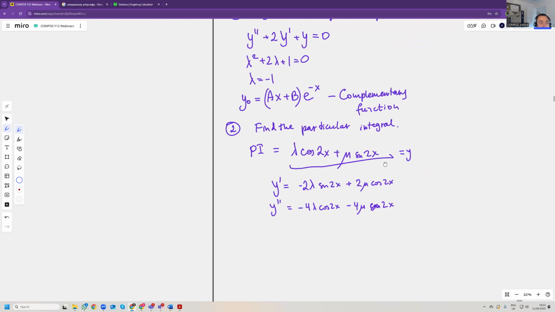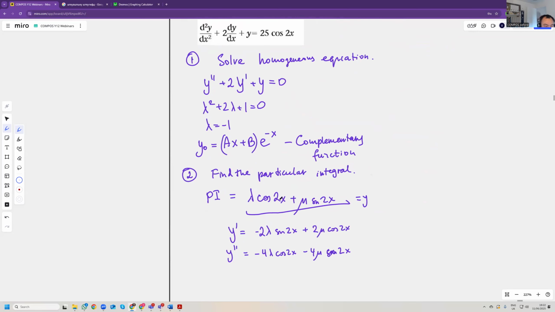And when we substitute that into the original equation, we have minus 4 lambda cos 2x minus 4 mu sine 2x, plus minus 4 lambda sine 2x plus 4 mu cos 2x, plus lambda cos 2x plus mu sine 2x equals 25 cos 2x.